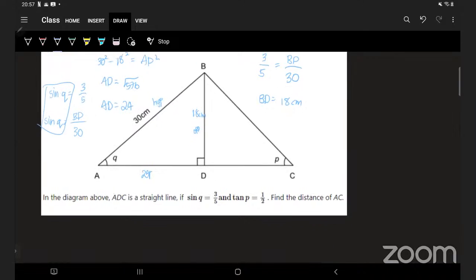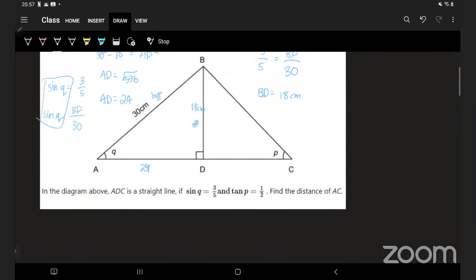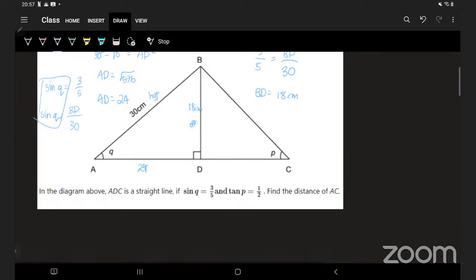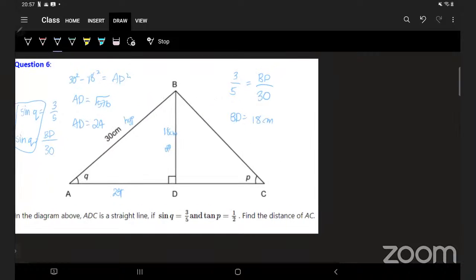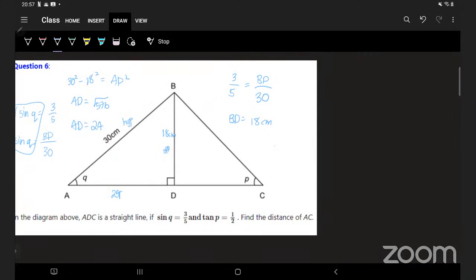So we know this one, but now we need to find the length of DC. So we know tangent P is equal to 1 over 2. So opposite over adjacent is equal to 1 over 2. And we also know that, since it's like this, opposite over adjacent, tan P is also equal to 18, the opposite, over the adjacent, which is DC.